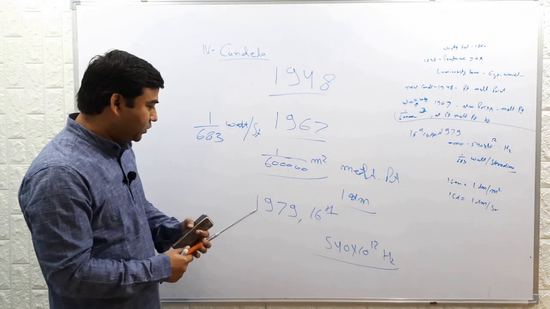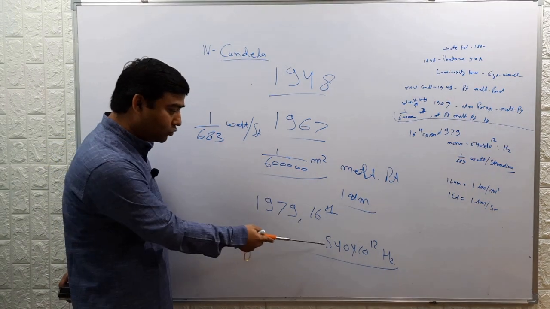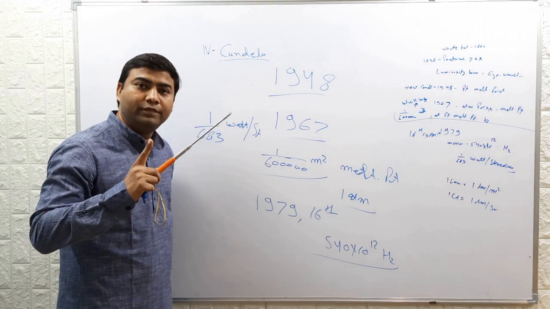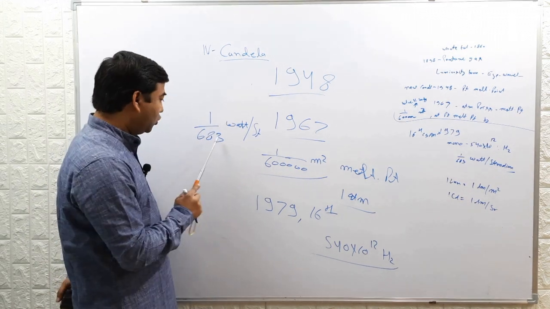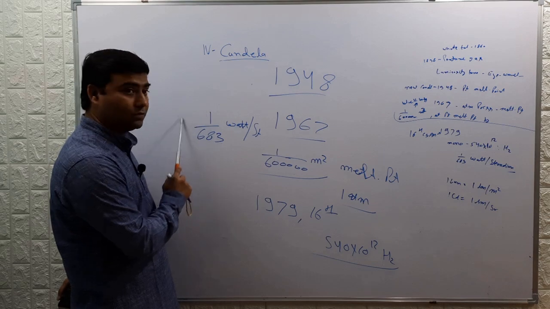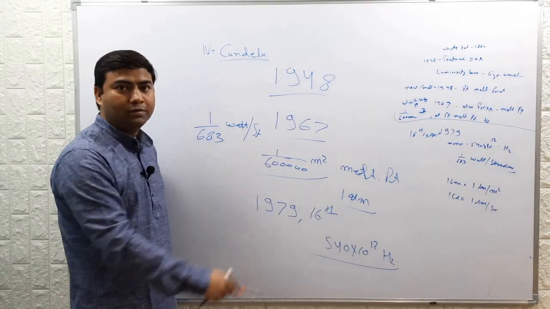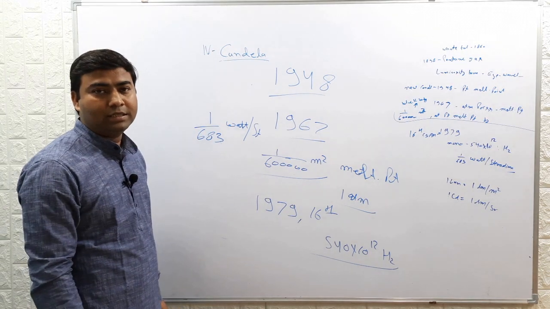Another important thing is that as this is a monochromatic source, only emitting one wavelength of light, the whole energy wattage will be converted into visible light of this frequency.